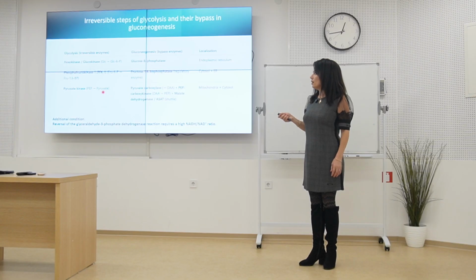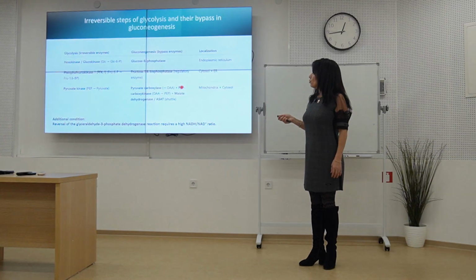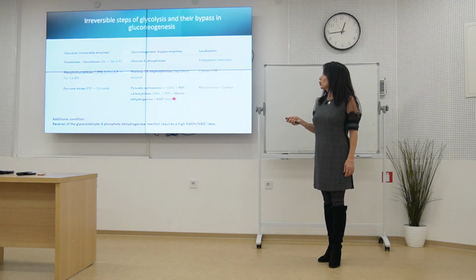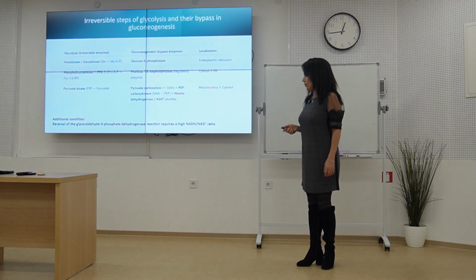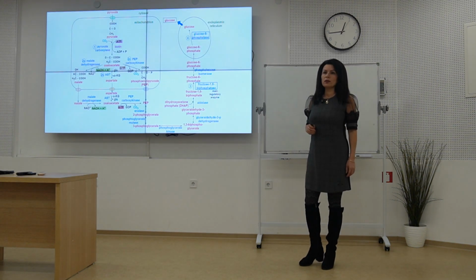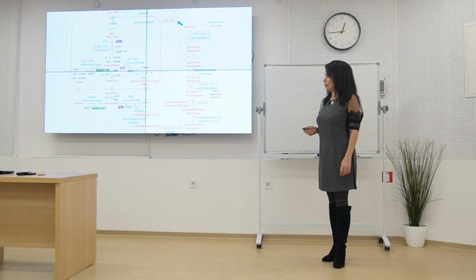This reaction is bypassed by using all these enzymes: pyruvate carboxylase, phosphoenolpyruvate carboxykinase, malate dehydrogenase, and aspartate aminotransferase, and they are involved in one mechanism which is called the shuttle of gluconeogenesis. Mitochondria and cytosol are the main localization. Let's see the so-called shuttle and the whole process of gluconeogenesis.